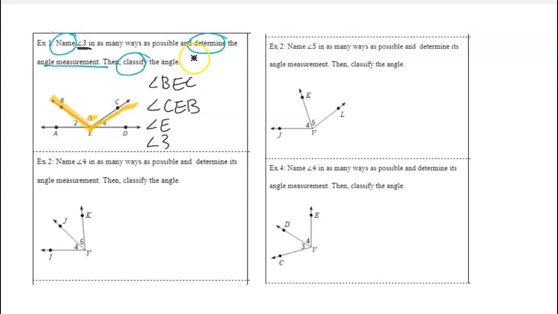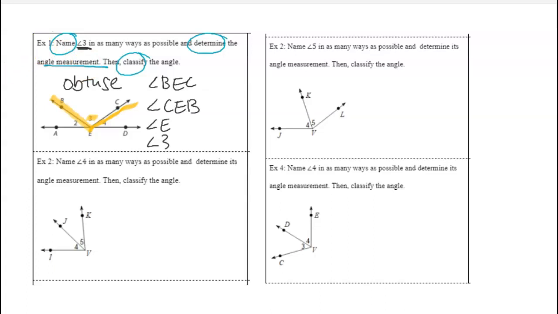Now, to measure my angle, I'm going to need to use a protractor. If you need assistance with this one using the protractor, speak to me in class because it is difficult for me to show in this video. All right, and then last, I'm going to classify this angle, and this angle is actually obtuse.